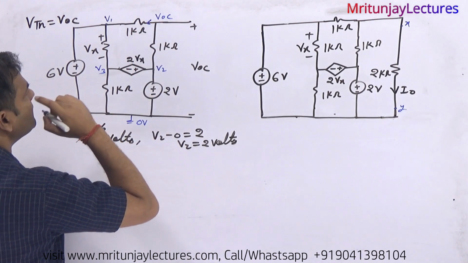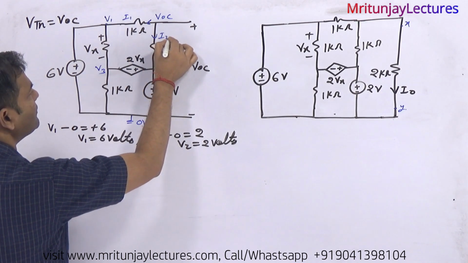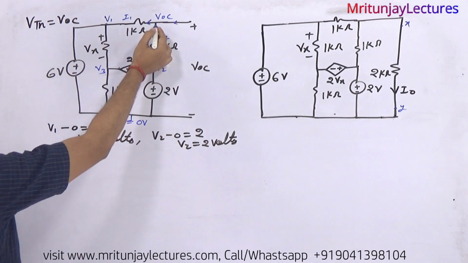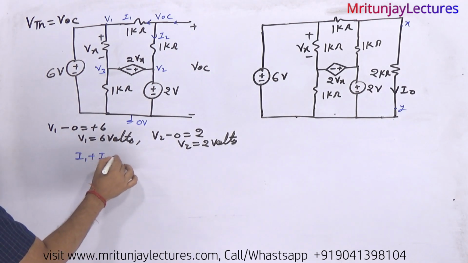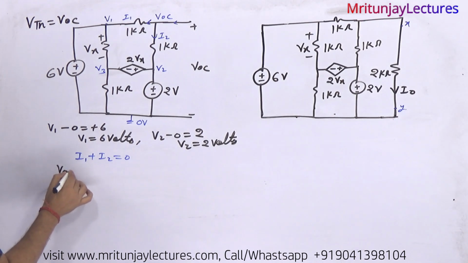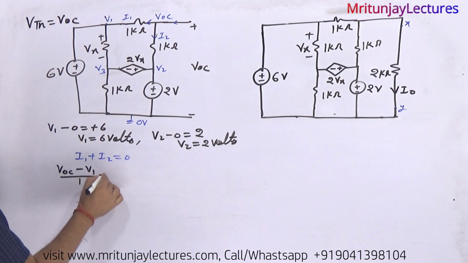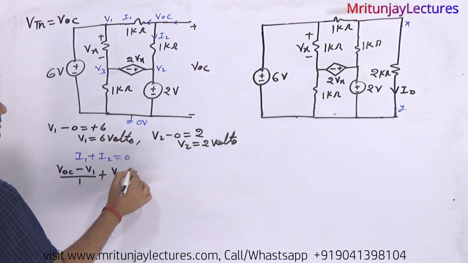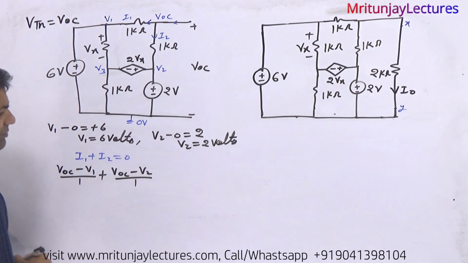here I1, here I2, incoming current 0, outgoing current I1 plus I2. Apply KCL: I1 plus I2 will be equal to 0. Put the values: I1 is V of OC minus V1 divided by 1 kilo ohm, plus I2 is V of OC minus V2 divided by 1 kilo ohm.